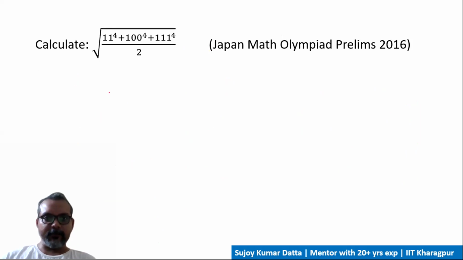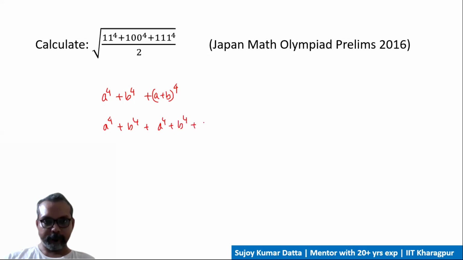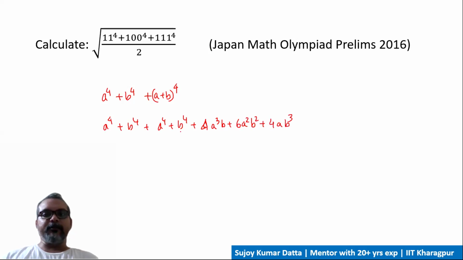We need to calculate this value. So here we have a to the power 4 plus b to the power 4 plus (a plus b) whole to the power 4. Okay. So if I do the calculation, okay, so this will be the pattern.